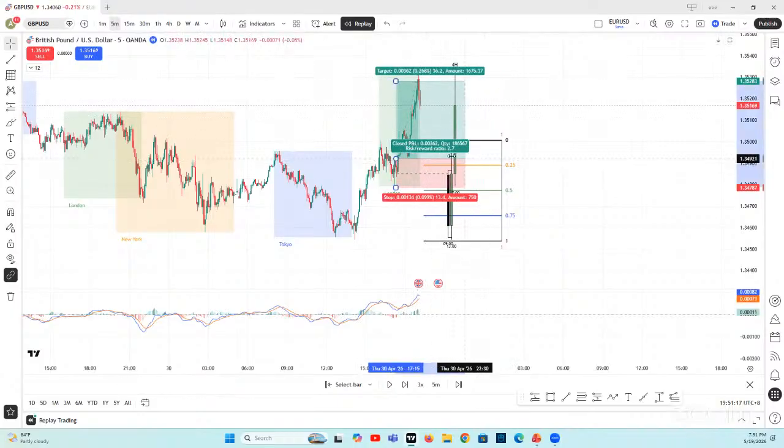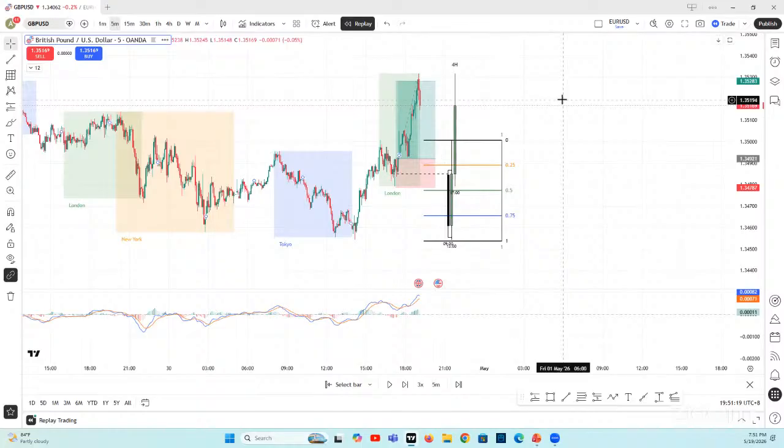TP hit, guys. That's the 4-hour candle strategy. Is it very difficult for you to trade this? This is another powerful strategy for you to use starting now in the New York session.